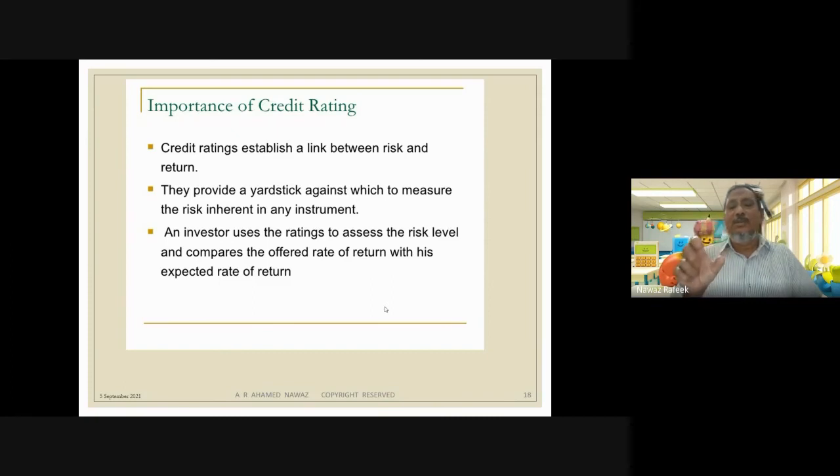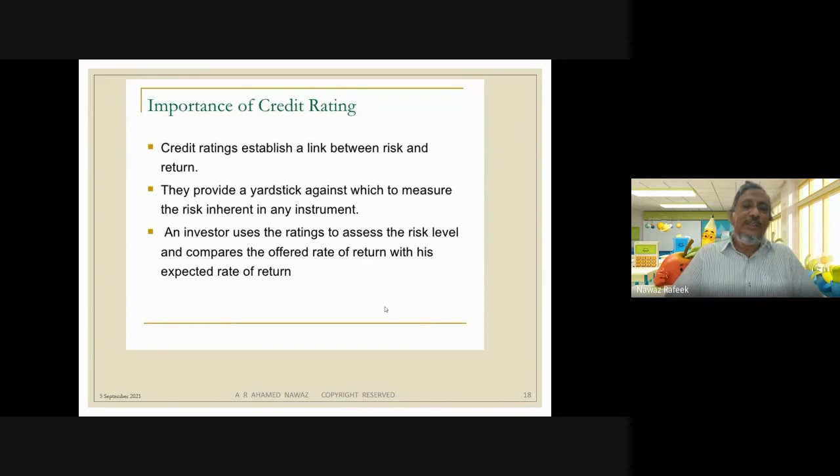In other words, it should be in quantitative terms, not qualitative terms, that can be measured by arithmetical figures. Then only you can compare over a period of time. So the measuring devices are developed by the rating agencies, where the risk is inherent in the instrument. There's no product without any risk, and no financial product without any risk.